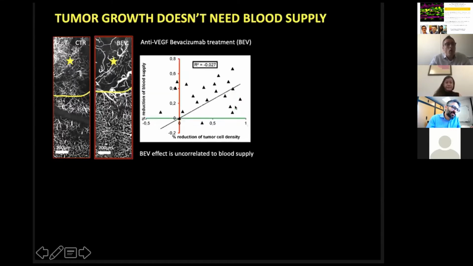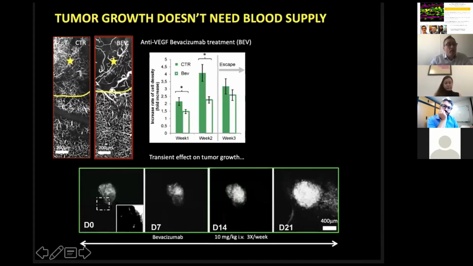However, once more, we were never able to correlate the decrease of cell density compared to a non-treated mouse with regard to the blood supply difference that we could achieve between the two animals. Furthermore, we found that this effect on the proliferation rate of tumor cells was very transient, and after 3 weeks of treatment, we always observed some escape.